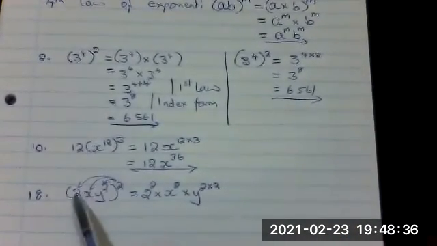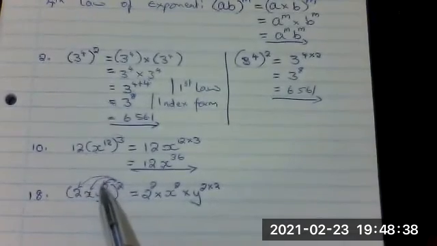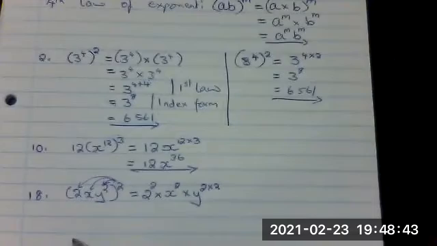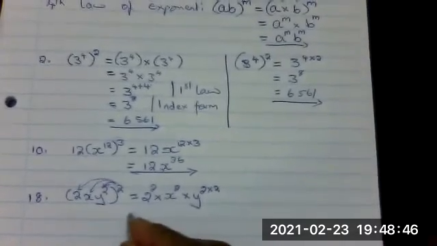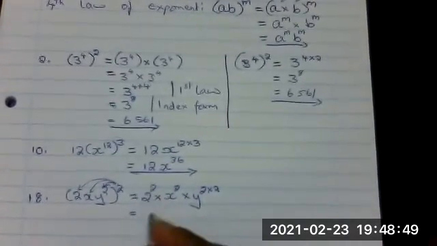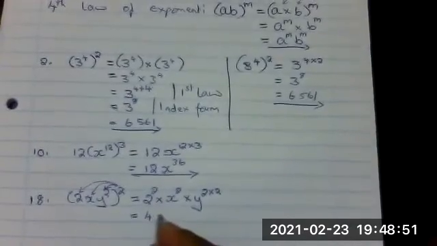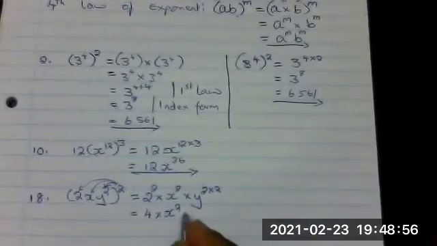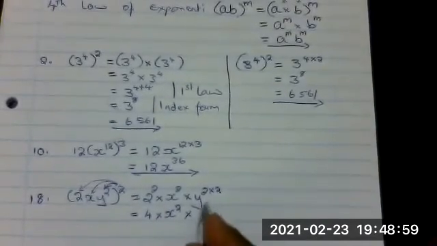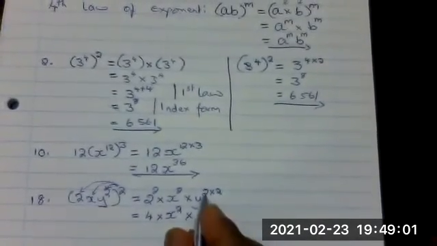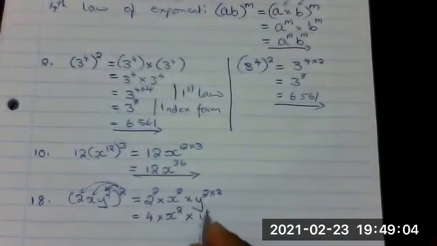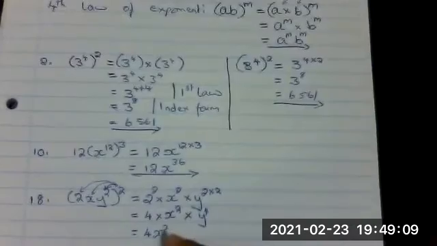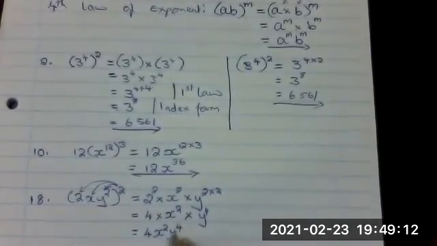So we just distributed the outermost exponent to each number inside the bracket, which means it becomes what now? 2 squared is 4, times x squared. There's nothing for us to simplify. It will remain x squared times y, with exponent 2 times 2, which is exponent 4. So our final answer is 4x squared y to exponent 4.